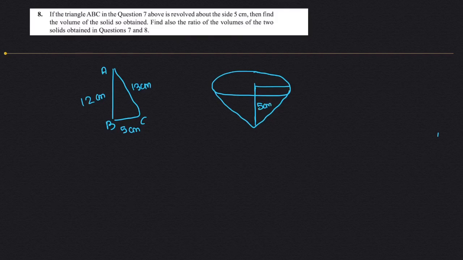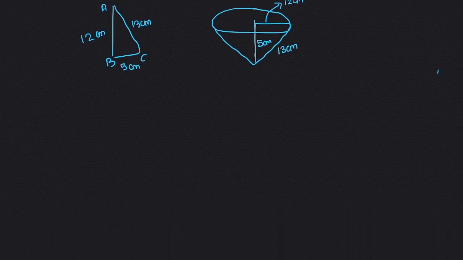Because this question is revolved about 5 centimeter and this is a radius, this value is equal to 12 centimeter, this is 13 centimeter. So the same concept, height of this cone is 5 centimeter and slant height L is equal to 13 centimeter. The radius R is equal to 12 centimeter. So we need to find the volume of this figure.